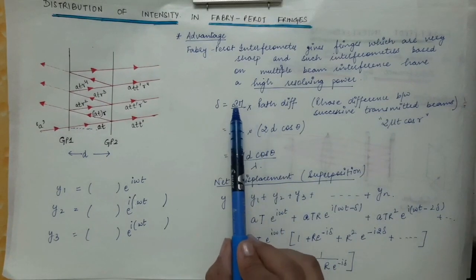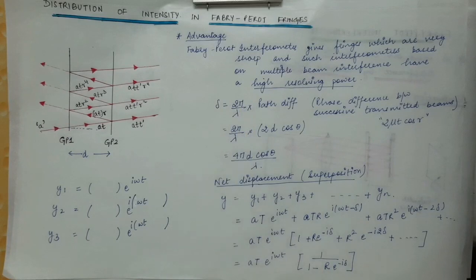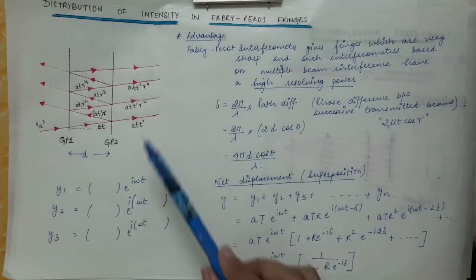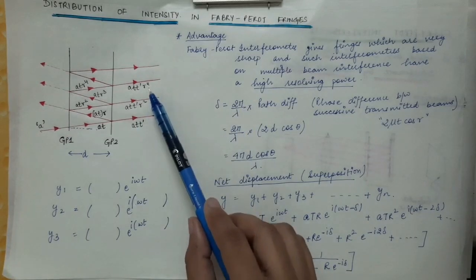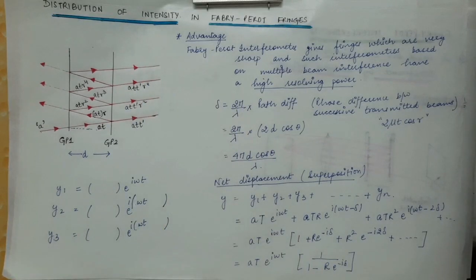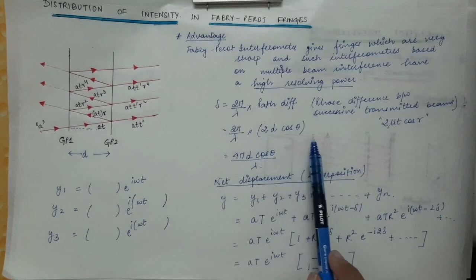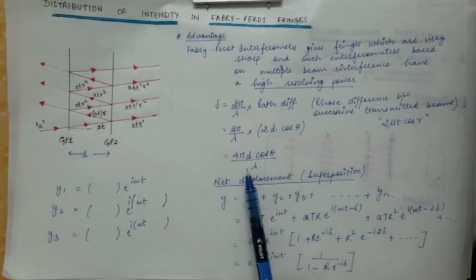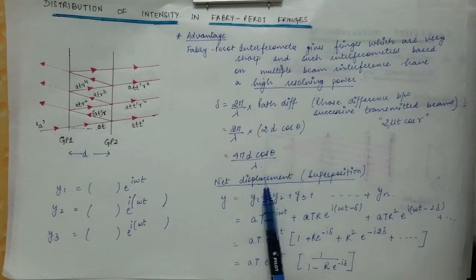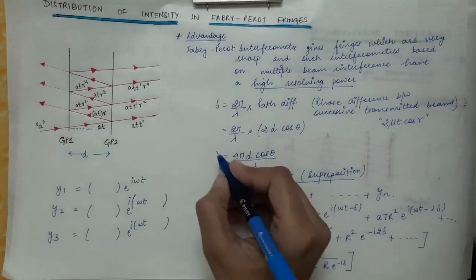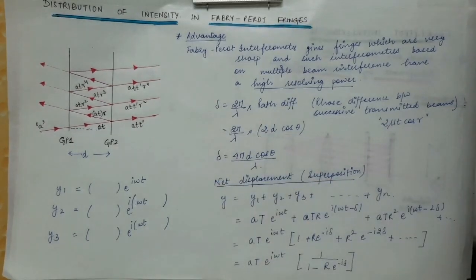Path difference times 2 pi by lambda gives us the phase difference. So the phase difference between the first two transmitted rays, or the second and third transmitted rays and so on, will be 2 pi by lambda into 2d cos theta. On simplifying, you get 4 pi d cos theta divided by lambda. So this is the phase difference.